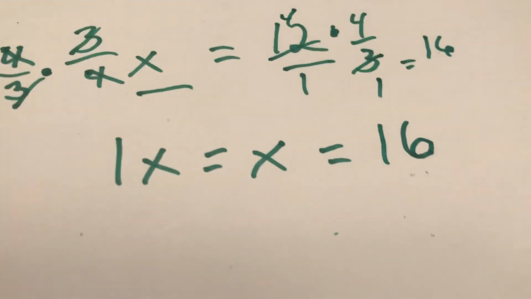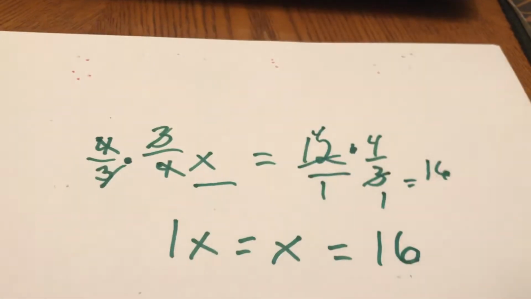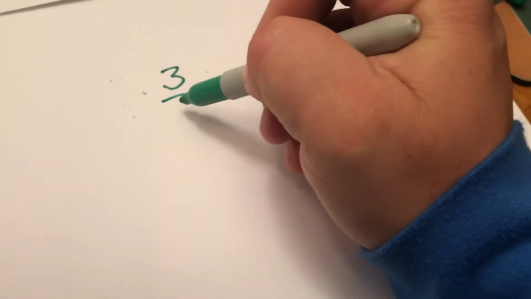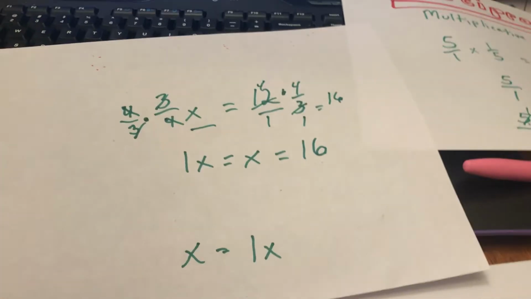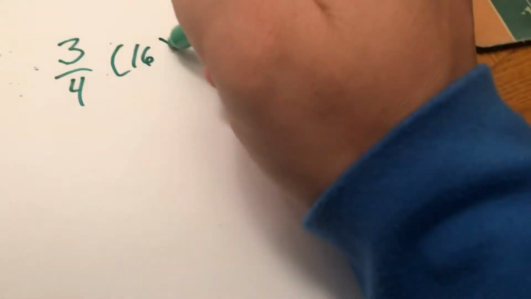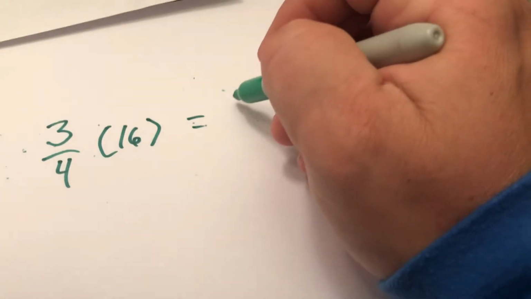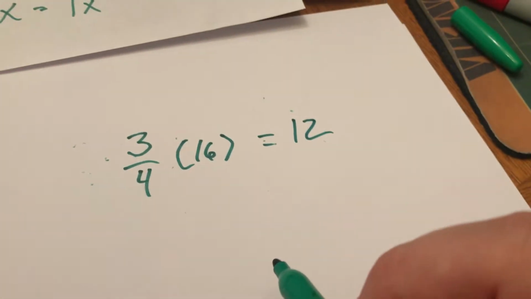And we can always go ahead and check that. I'm going to take my original statement, 3/4 x, and now we know x is 16, so I'm going to put a 16 there, equals, and we know the answer here was 12, so both sides should be equal.